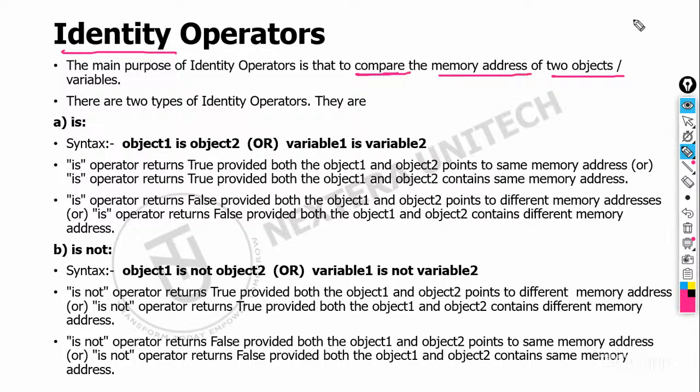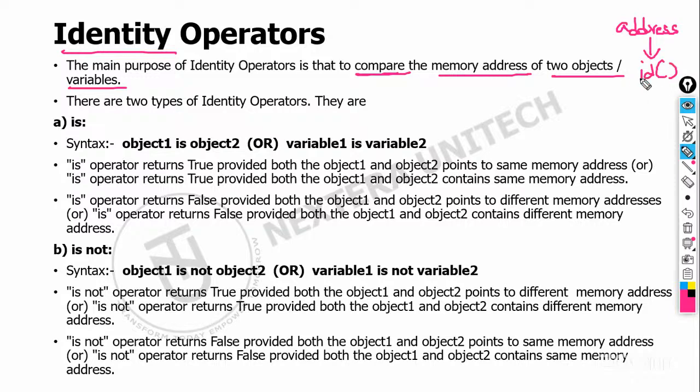Within the main memory, each and every object, each and every variable will be stored. Each object which is getting stored in the memory will have an address. How can we access the address of an object? Using the id function.